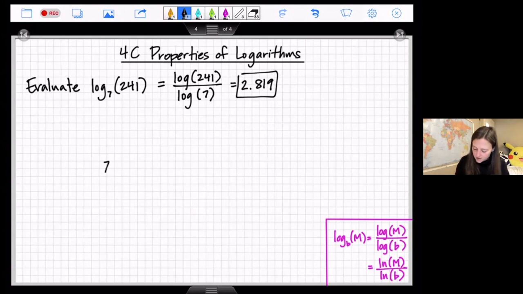So you can check that 7 to the 2.819 is about equal to 241. You're not going to get exactly 241 because I rounded that off at the third decimal place. So if I do 7 to the 2.819, I get 241.1 and stuff. So it's about 241. If I'd kept all those decimal places rather than rounding off, we would have gotten an answer much closer to or exactly equal to 241.